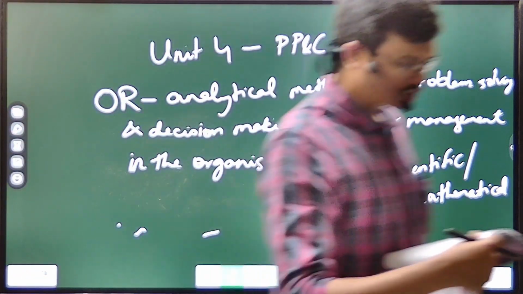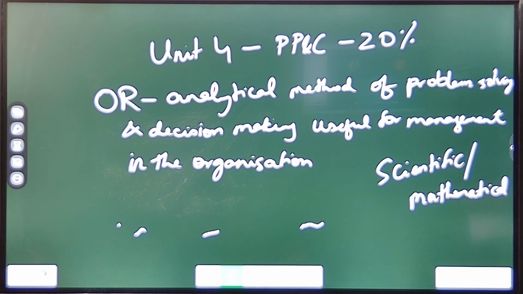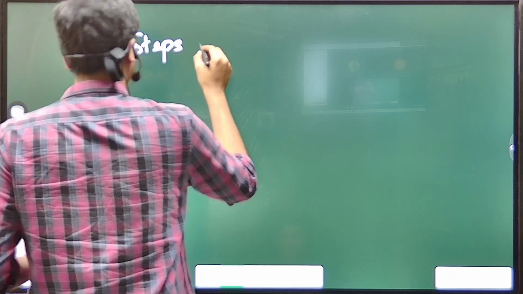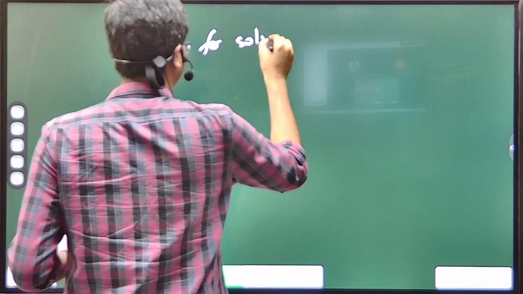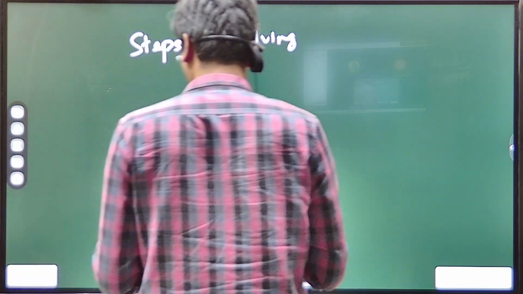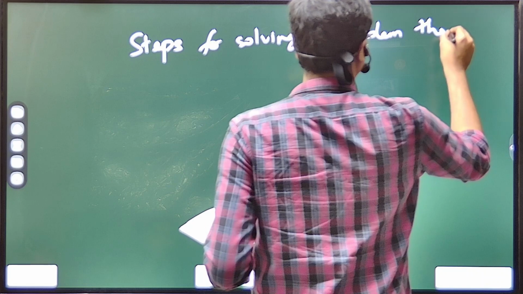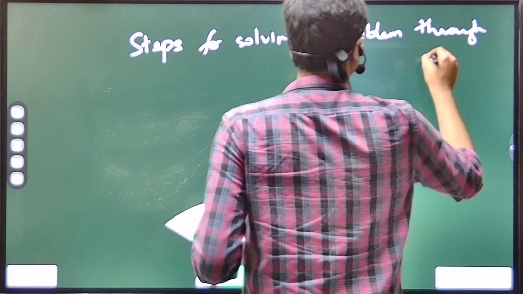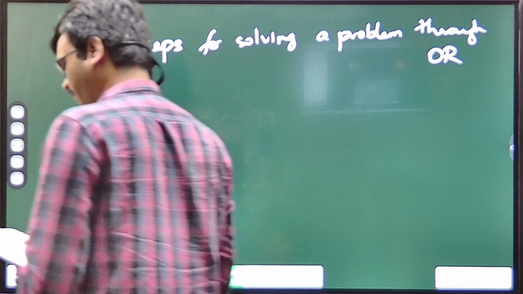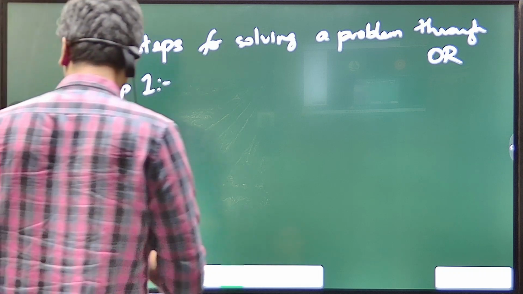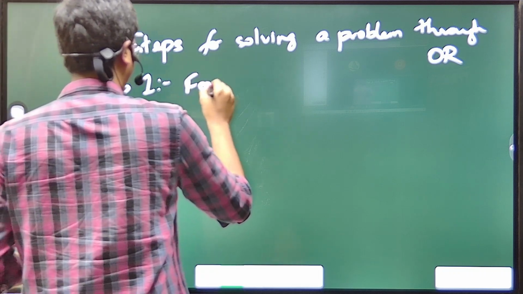So let's look at the steps involved in solving a problem through OR. Step 1 is formulation of the problem.